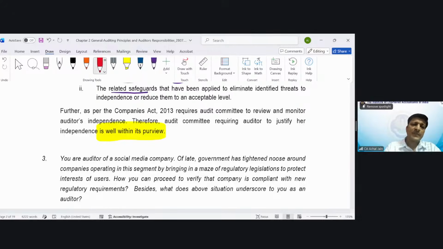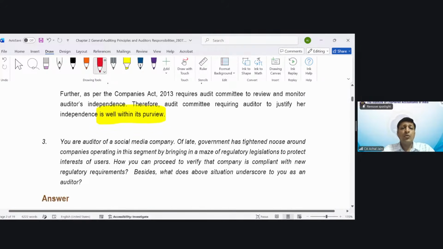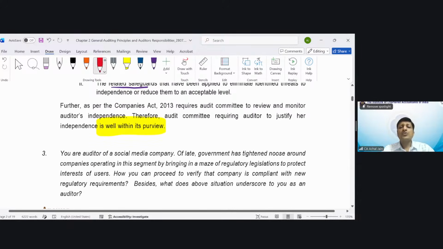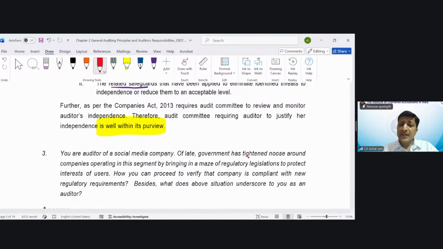Now, next, you are the auditor of a social media company. Of late, the government has tightened the noose around companies operating in this segment by bringing in a maze of regulatory legislations to protect the interests of users.